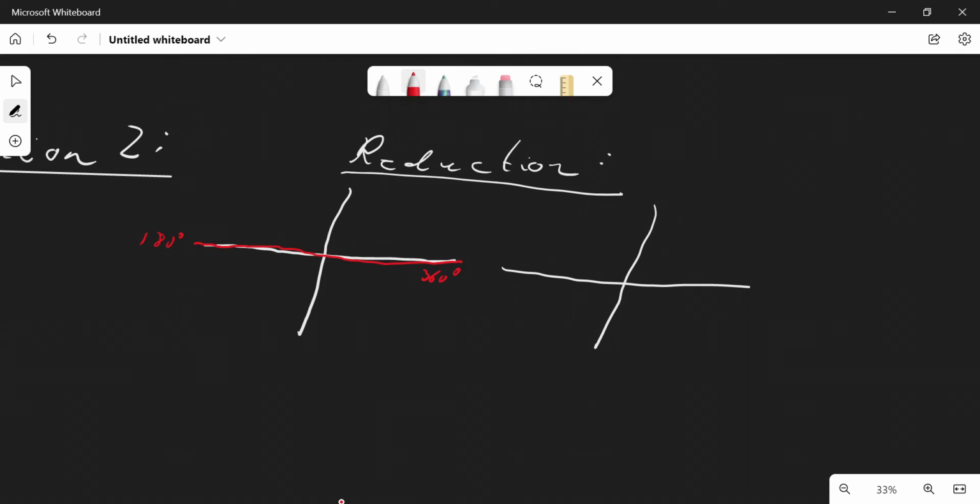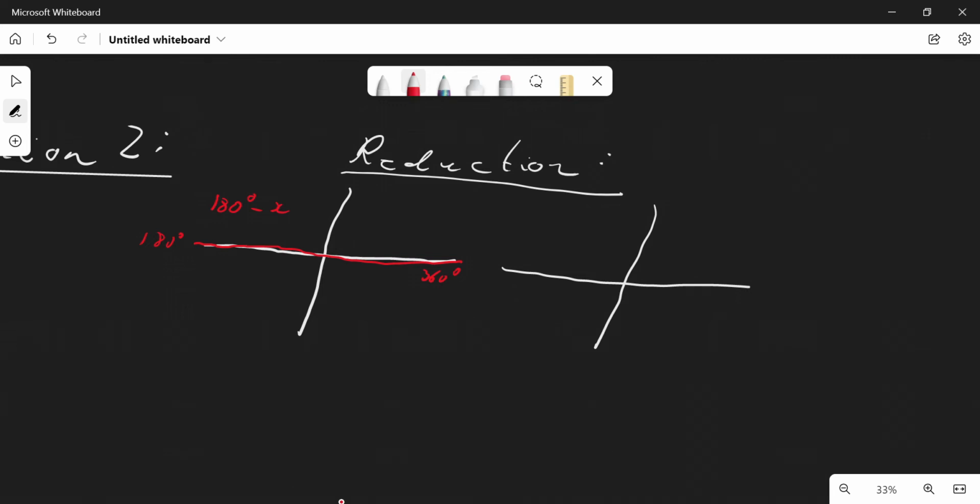So this quadrant, we don't really check this quadrant. This is where the angles are normal and simple. But here we'll have a 180 minus x, and it's minus x because any angle in here is going to be smaller than 180, right?